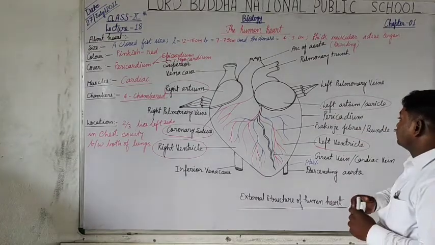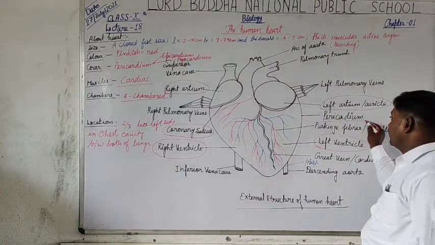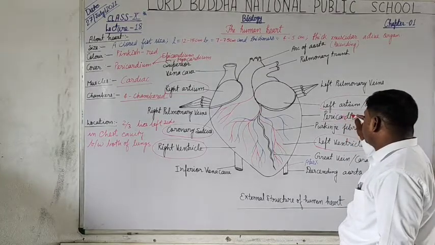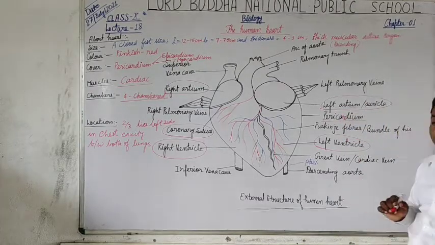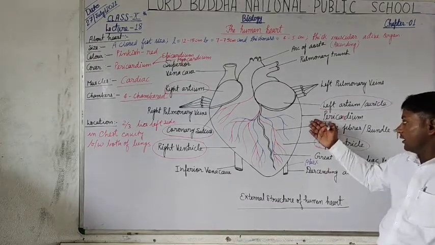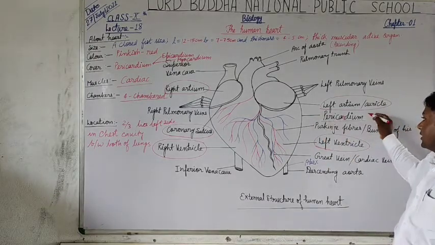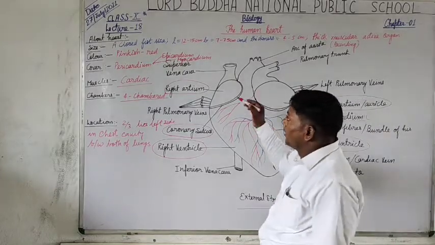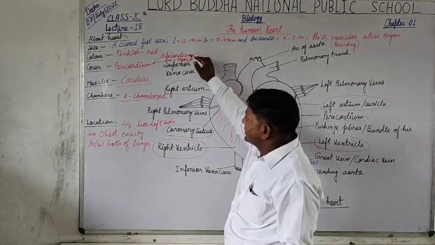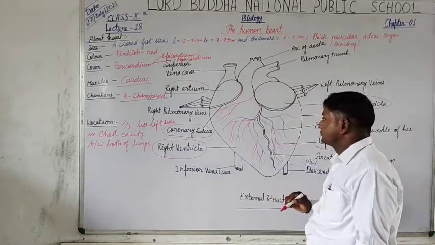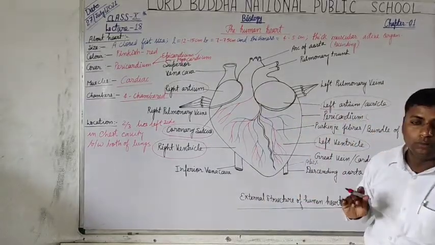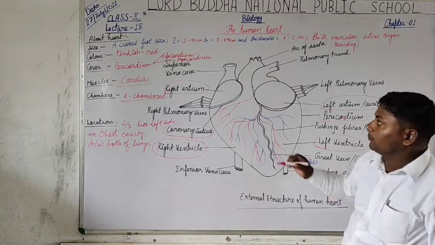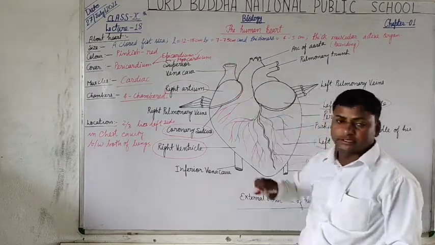Now students, this is the pericardium. Pericardium membrane. It is the outer membrane, hence it can also be labeled as epicardium, and the inner wall or membrane of the heart is called myocardium. Is that clear?